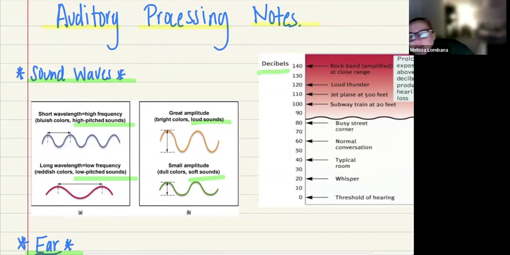Just to give you an idea, a normal conversation is about 60, okay? Anything above 80 or 85 decibels is going to start creating hearing loss.